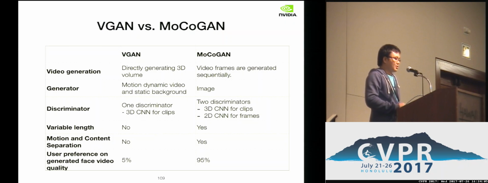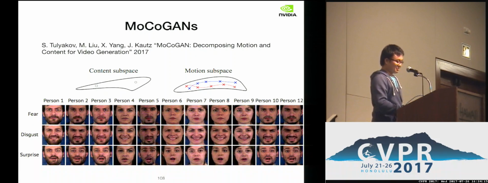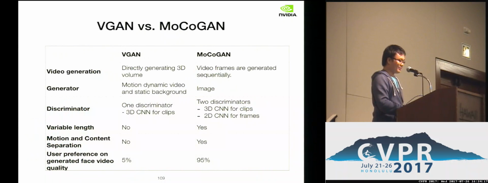So this is a comparison. We call this MoCoGAN, motion and content decomposed GANs. The previous work from MIT is called VGAN, the video GAN. Here is a table comparing these two architectures based on their features.